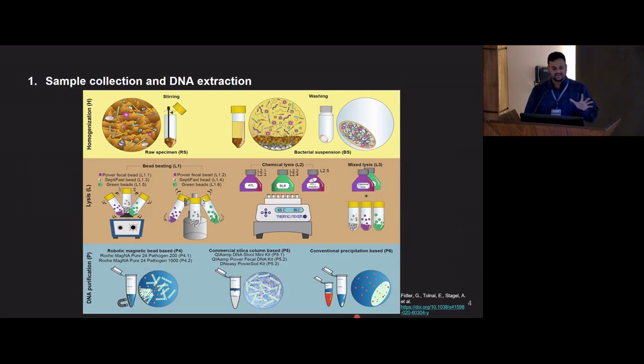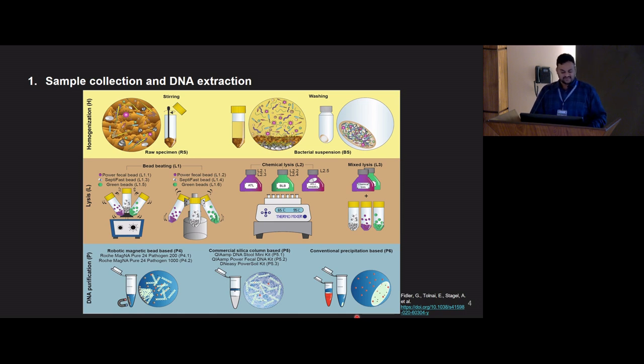Just to give you a quick overview, the way you can process the sample can also affect your downstream data: homogenization of the tissue, whether you are mechanically lysing the cells or chemically lysing the cells, that also has an effect, or sometimes a hybrid approach can have a better impact.